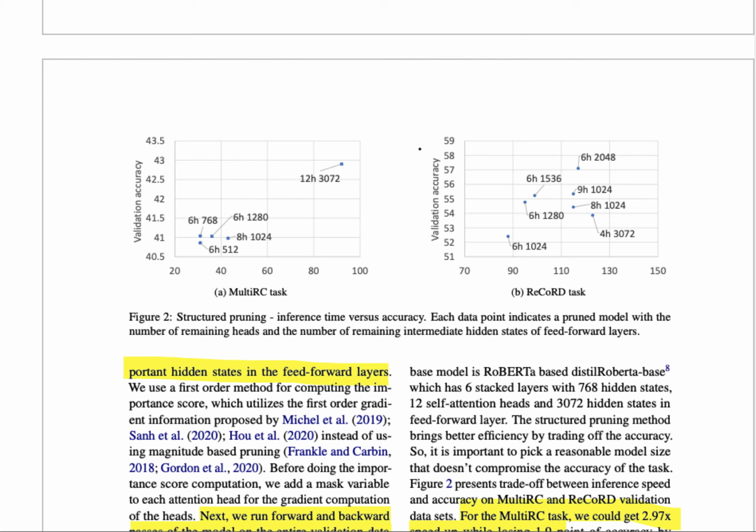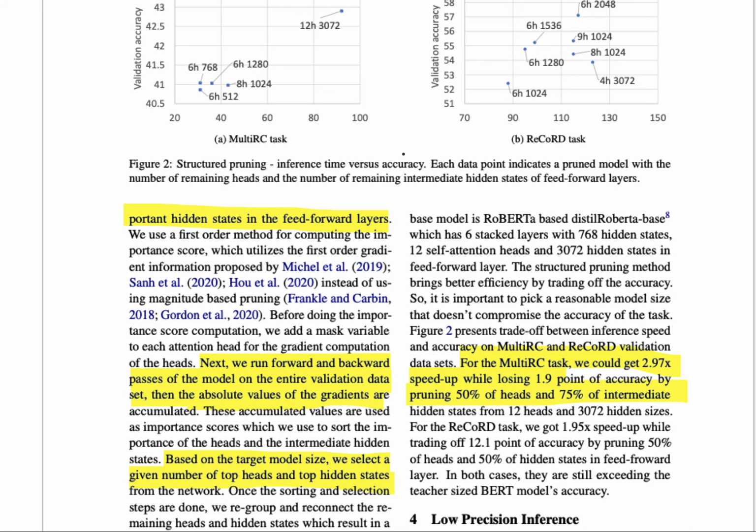Essentially, it generates a feed forward and a backward propagation graph, and using that it assigns an importance weight to each component in the network, and then using this importance weighting it decides if we want to prune this component or we don't want to prune this component.